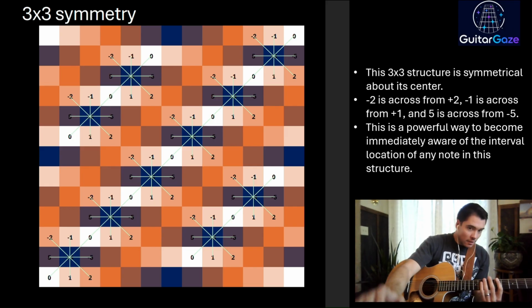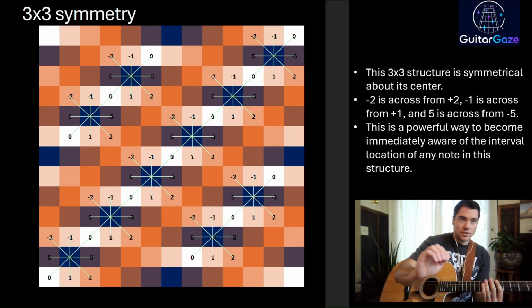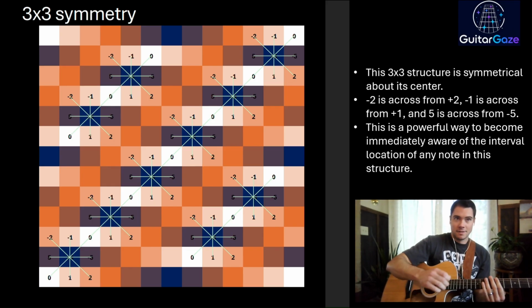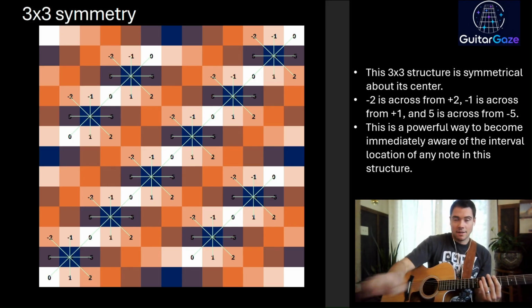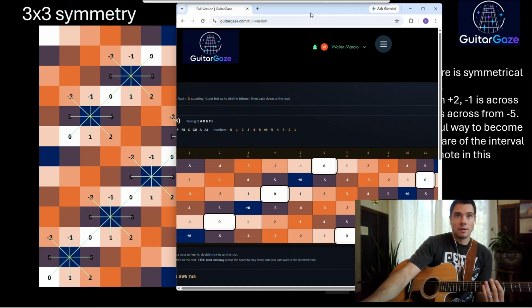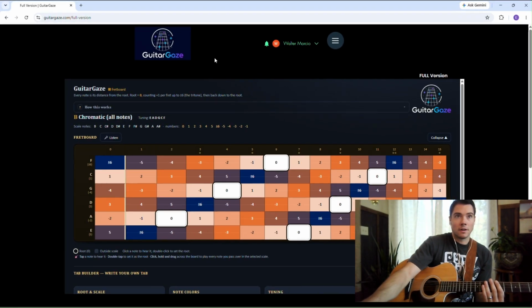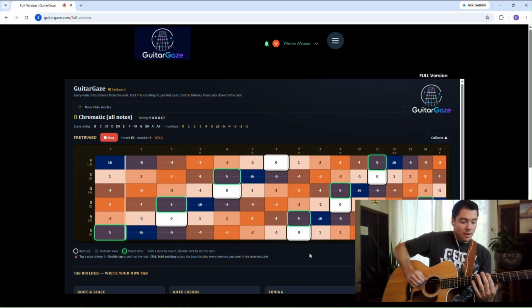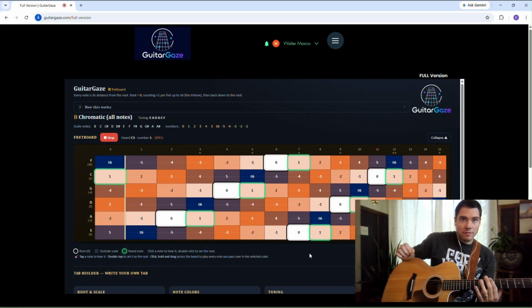Might seem a little complex at first, but if you just spend time staring at this, thinking about it, and practicing, and for example, going over to the Guitar Gaze tool here and pressing listen for this 3x3 structure, for example, I'll start with, let's do 7th fret.